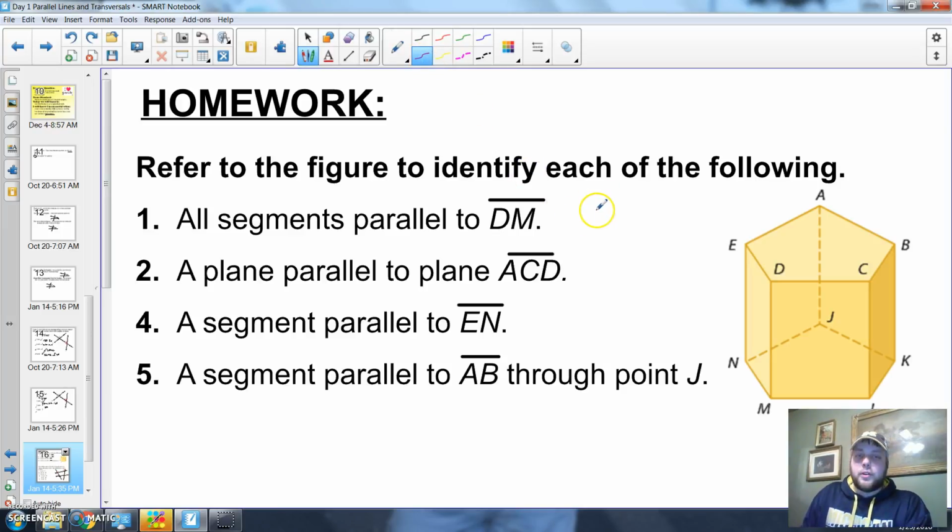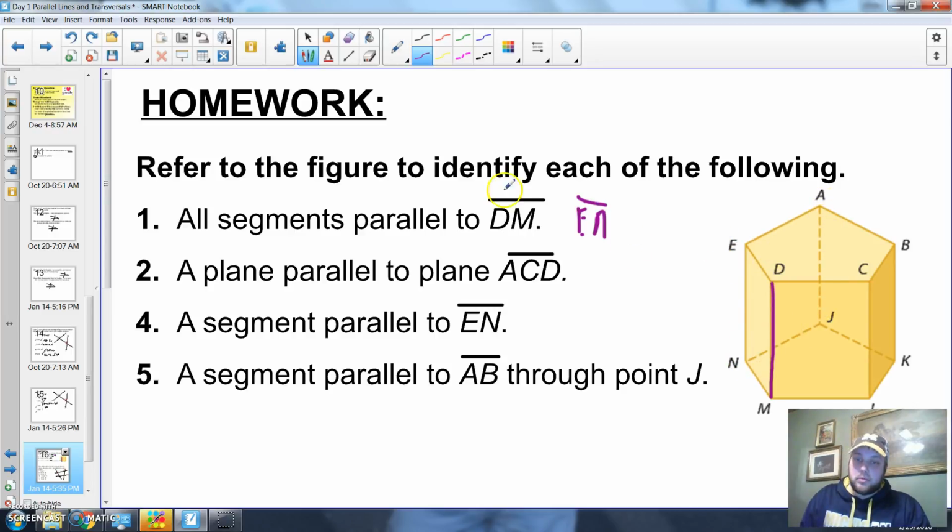Okay, refer to the figure. So on the homework section, all segments parallel to DM. So DM is right here, if you'll notice, DM. And all segments that are parallel to DM, that would be segment EN. Would you agree that is parallel?